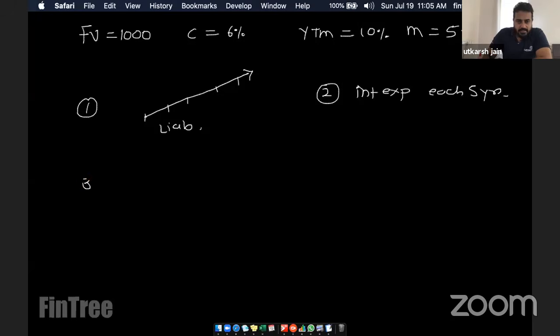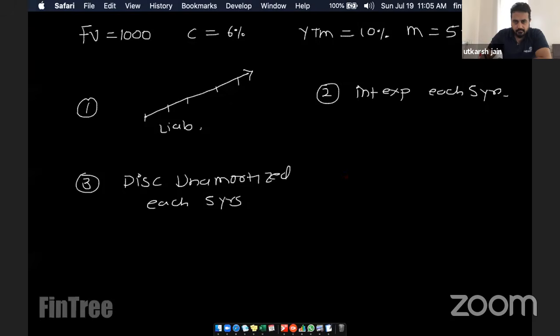Then in question number three, calculate the unamortized discount for each of the 5 years. Then question number four, calculate the discount amortized for each of the 5 years.